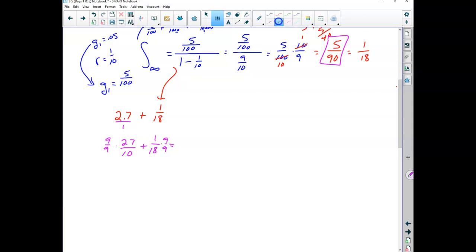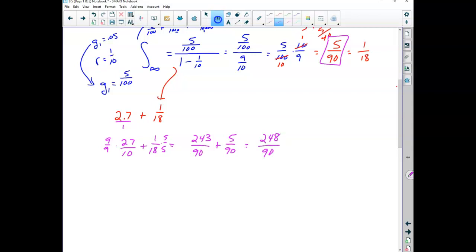I can see this common denominator faster. 9 times 27, that's going to give me 243 over 90 plus, what does that give me over there? That's bad math there, Kruger. I need a 90, so this gets multiplied by 5 over 5, excuse me, and that's going to give me 5 over 90. Well, that gives me 248 over 90.